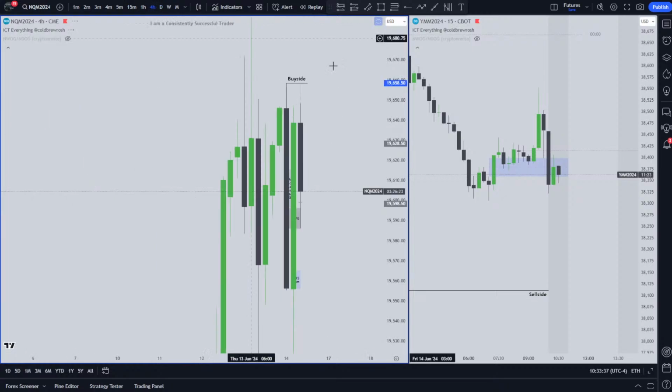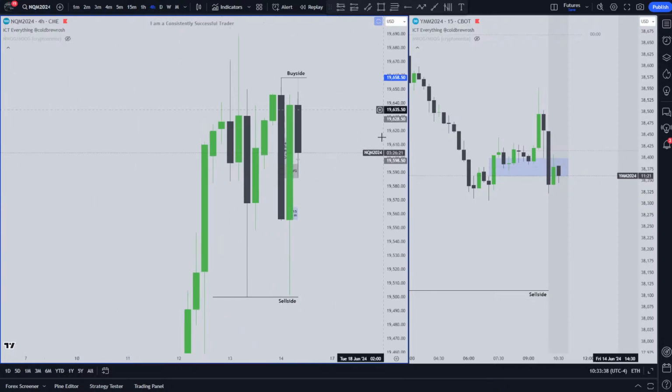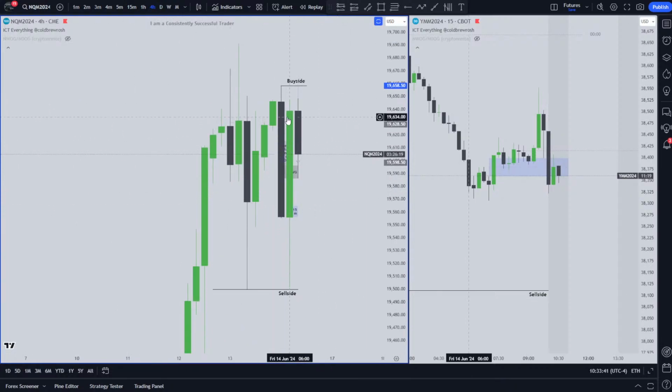So let's work our way down from the 4 hour. Based on how this 4 hour candle closed, even though I was predicting more of a bearish move, this definitely sort of changed that bias because of how bullish this closed.